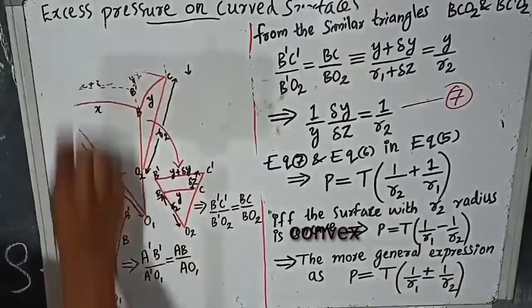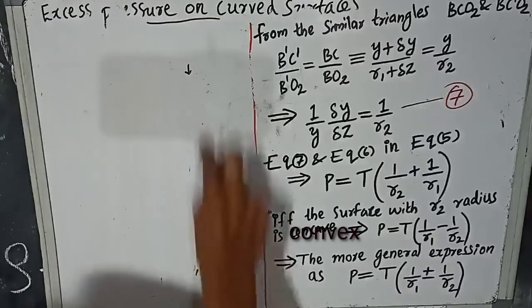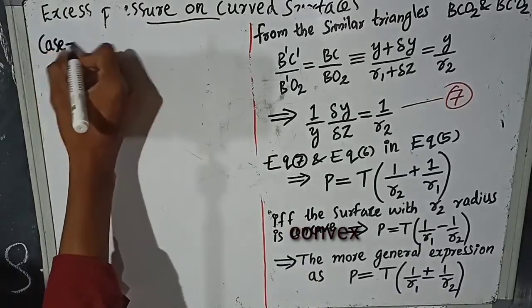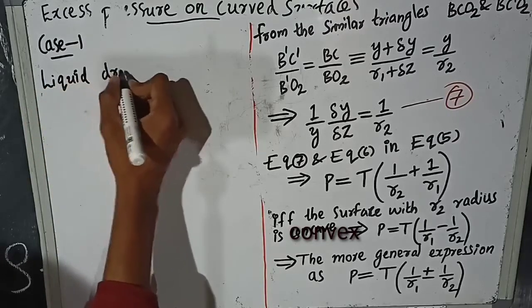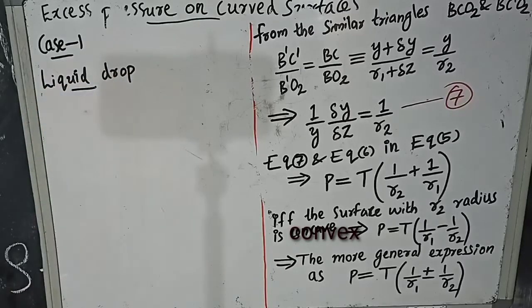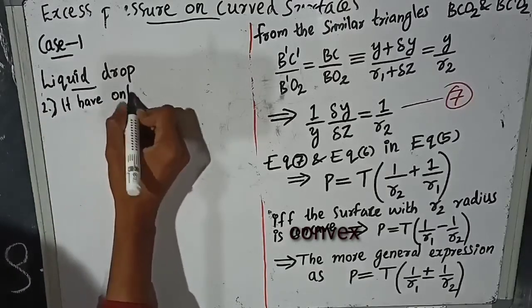Let us study some special cases of excess pressure using our general expression. Case 1, liquid drop. We already know about the liquid drop. It only has a single surface.